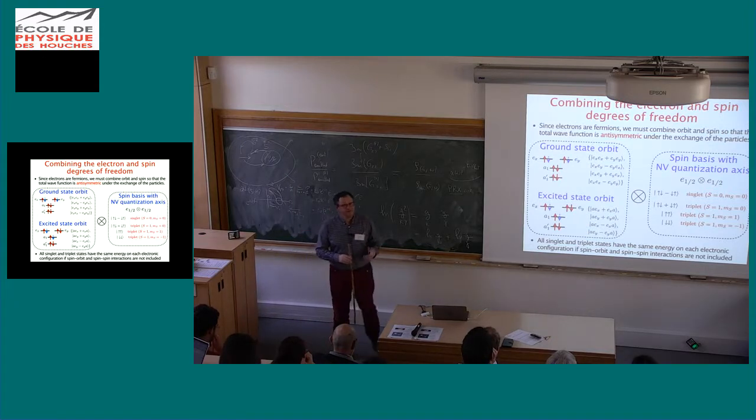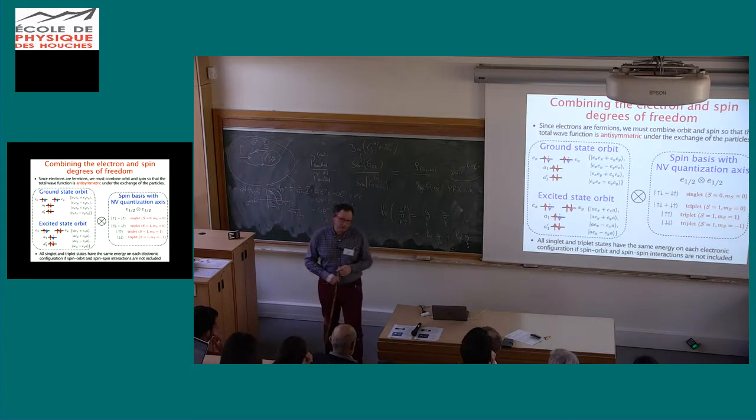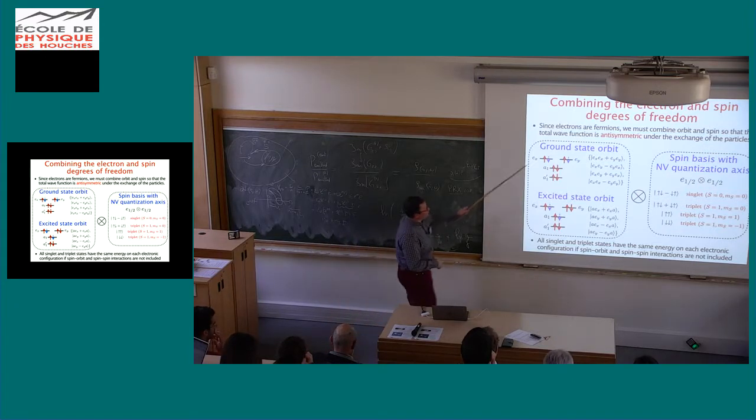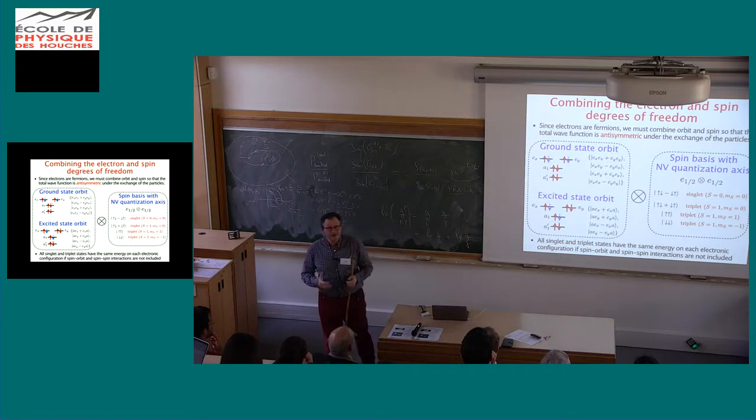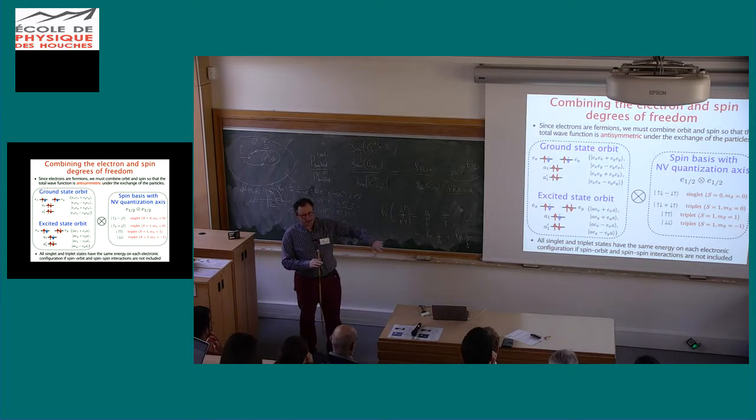In atomic physics, usually we have a large spin-orbit coupling, so I would define the state of the atom in the coupled basis, J equal L, the orbital angular momentum, plus S, the spin. In our case, as I will come back to later, the spin-orbit coupling is usually very low, much lower. So we remain with a system in which the orbital part and the spin part are decoupled.